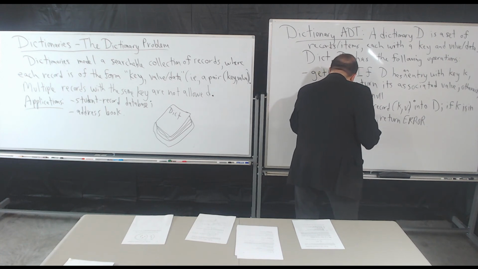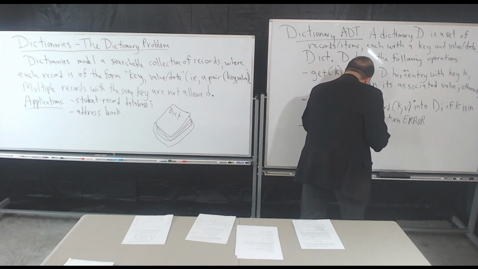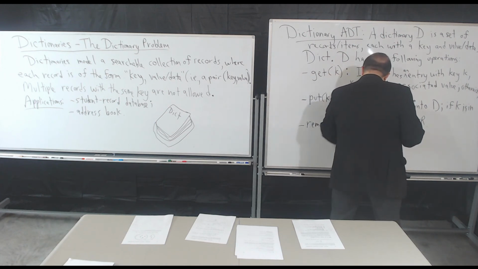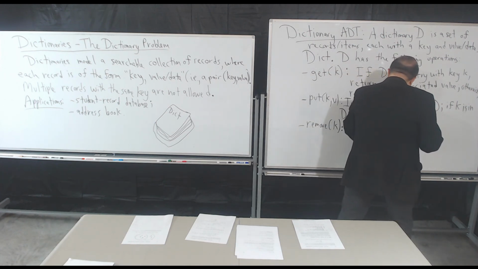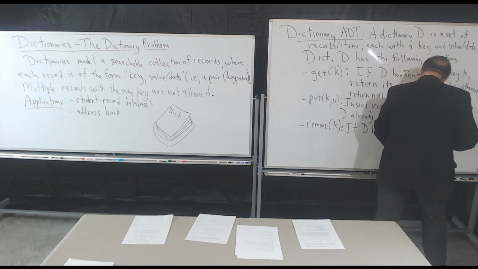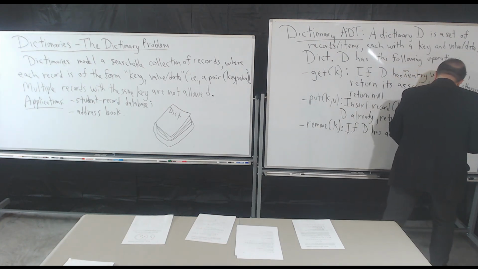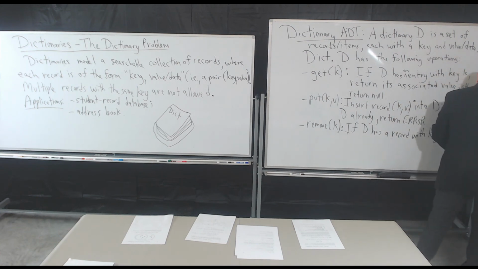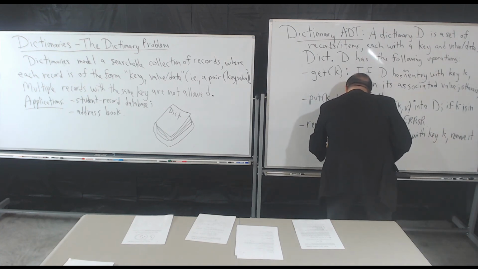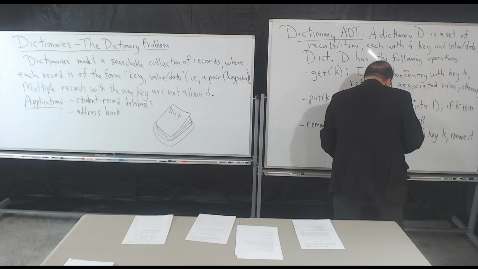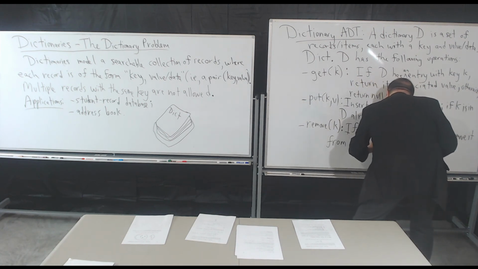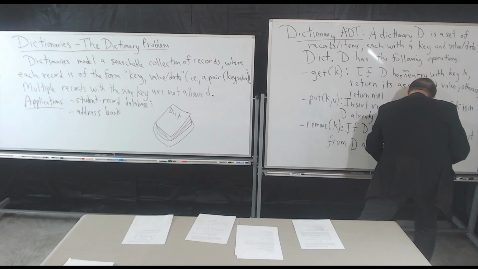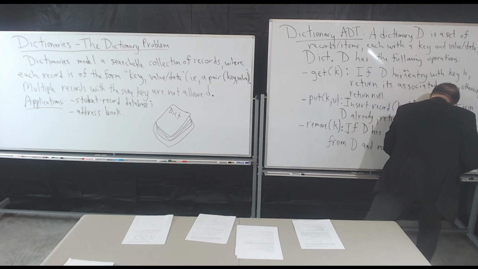The last of these three is remove. The name's very intuitive. If D has a record with key K, remove it from D, and return its value.